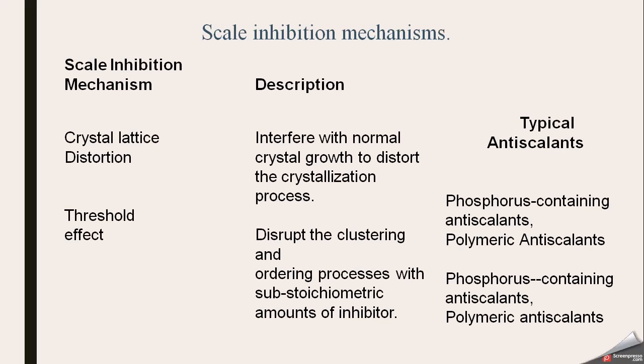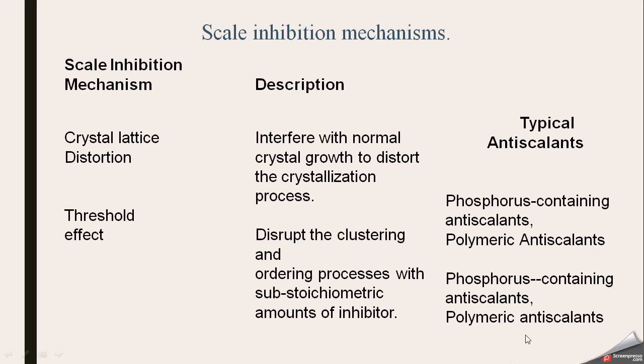For example, if there are two calcium carbonate salts present and one calcium ion is captured by antiscalant, there are two carbonates and one calcium, a substoichiometric ratio, so they cannot form crystals or settle, and cannot form the scale-forming substance.